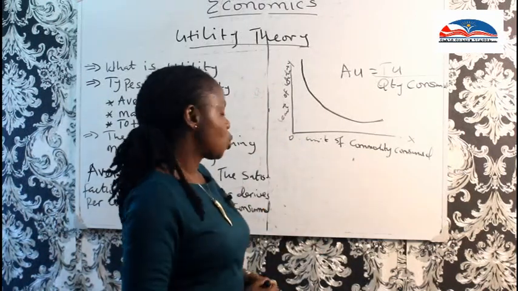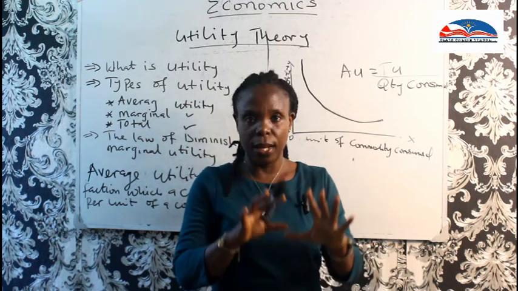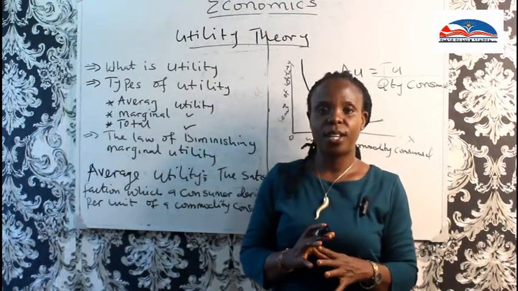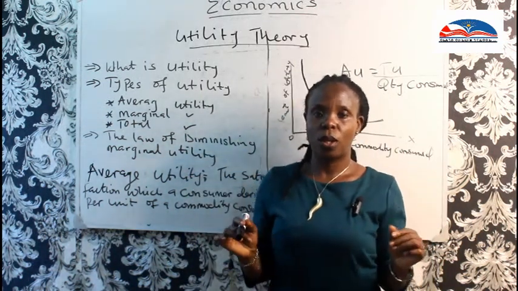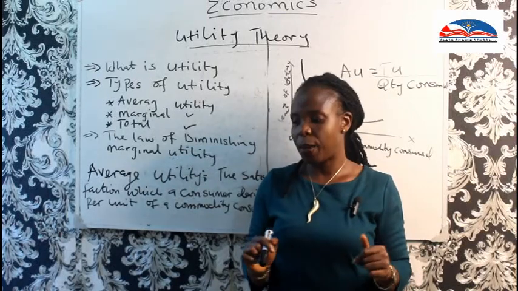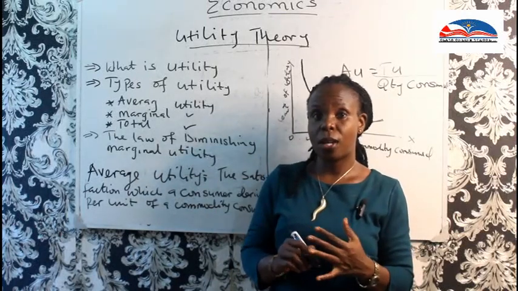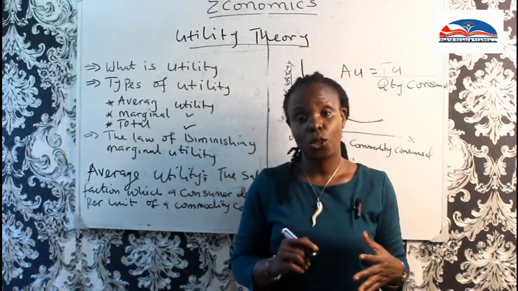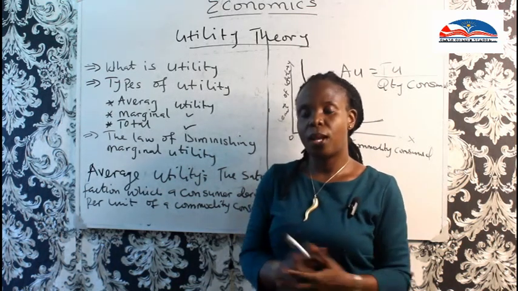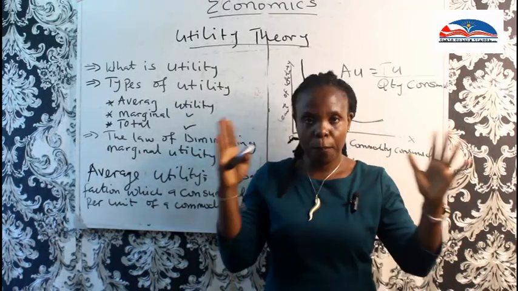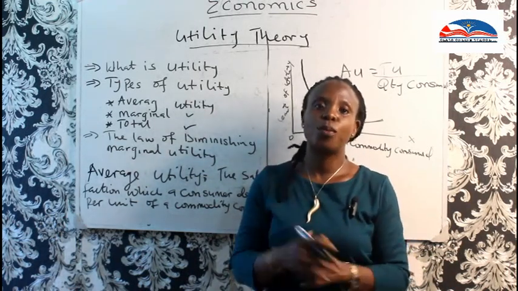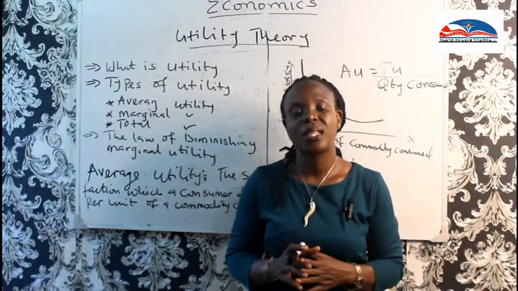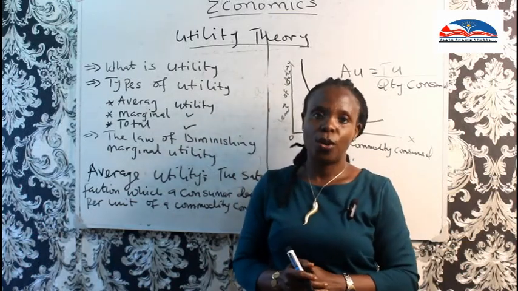Now we're going to look at a little graphical representation of this question, and see how you're going to apply the average utility, the marginal utility, and the total utility. So come along, let's take a sample of this table that will help you to input it, because that's the table they used to give you in your examination.